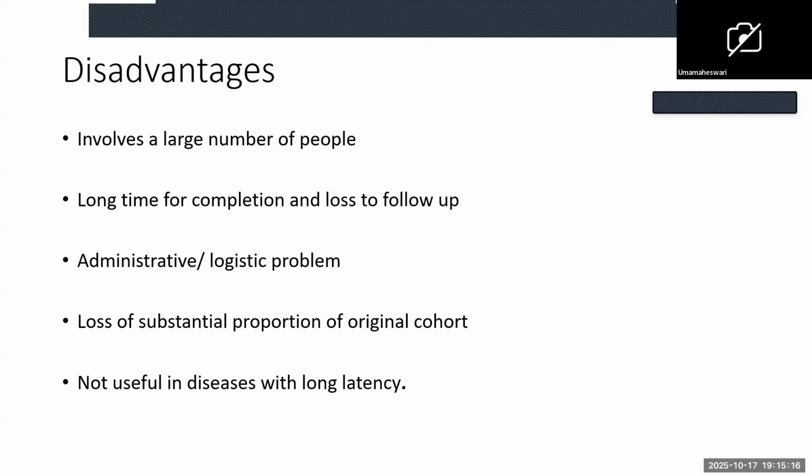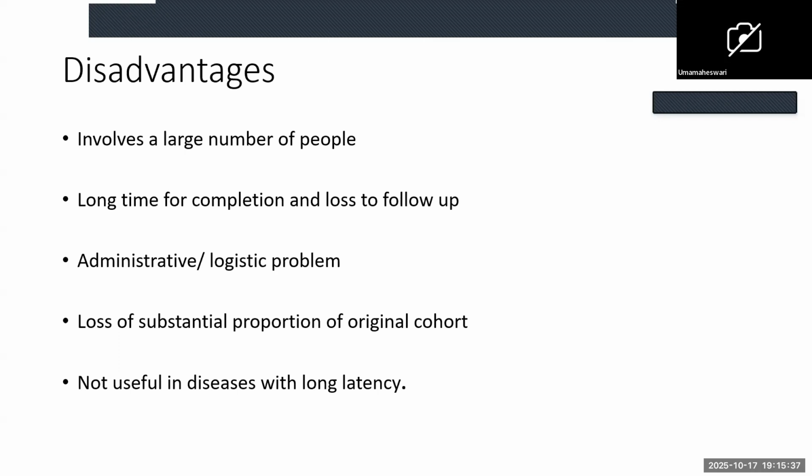The disadvantages: you have to have a large number of people and a long time because you're doing a follow-up. So many will be missed from your follow-up. Many may die, the investigator may move out, and so on. You have administrative and logistic problems, and loss of substantial participants.